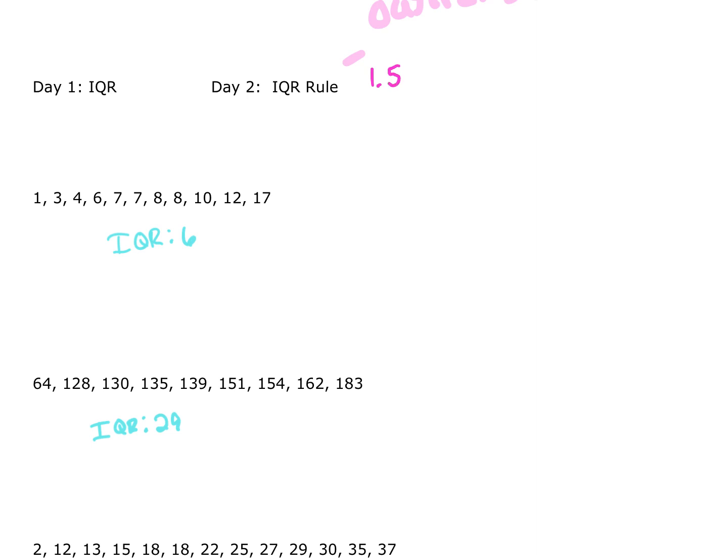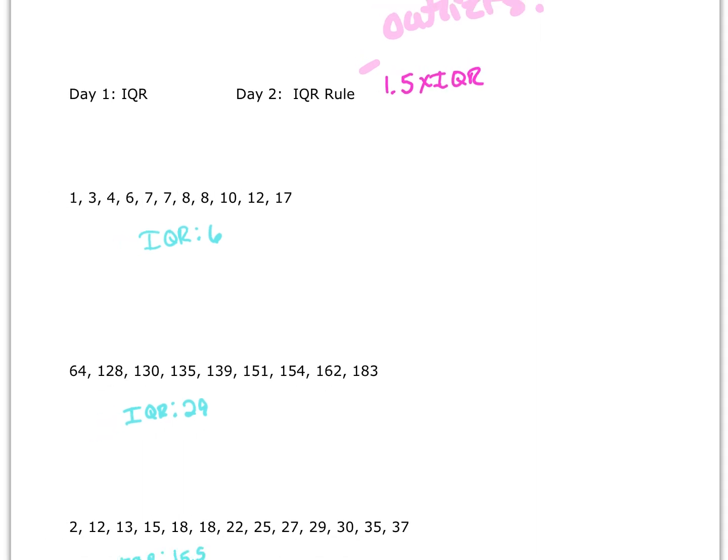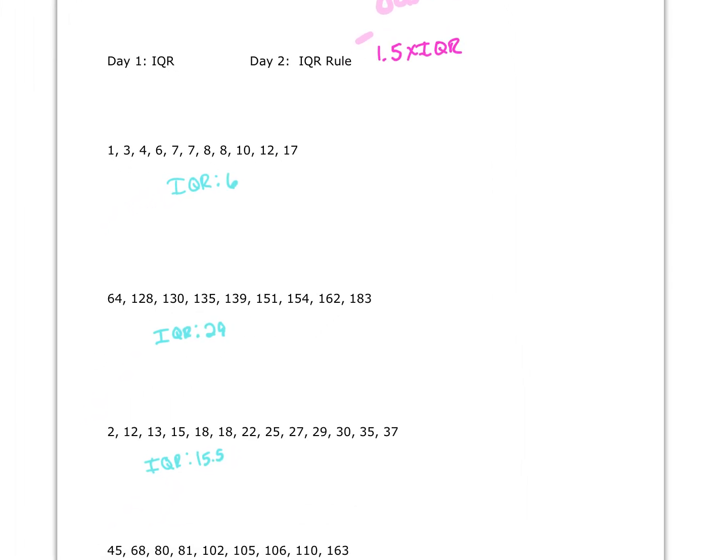So what we are going to do is multiply the IQR times 1.5. So we take what we know our IQR to be. IQR in the first example was 6. If we multiply that by 1.5, then we get 9, right?